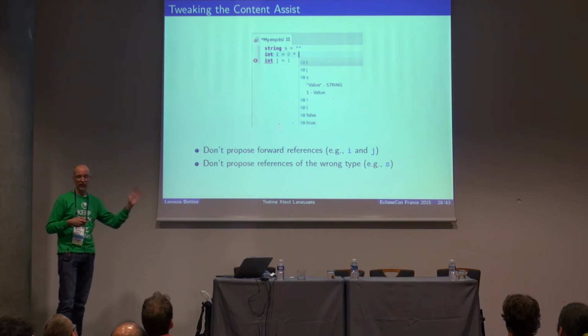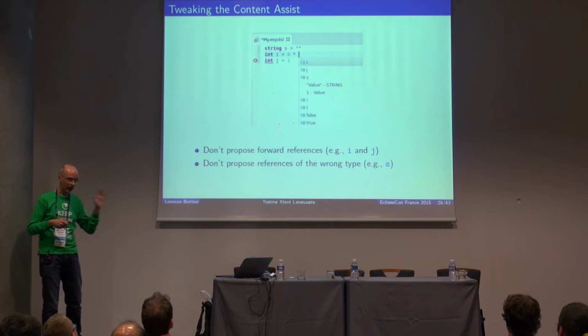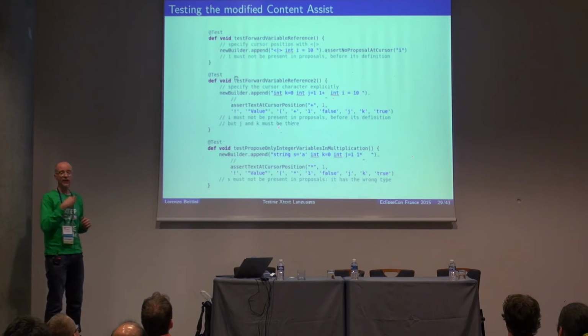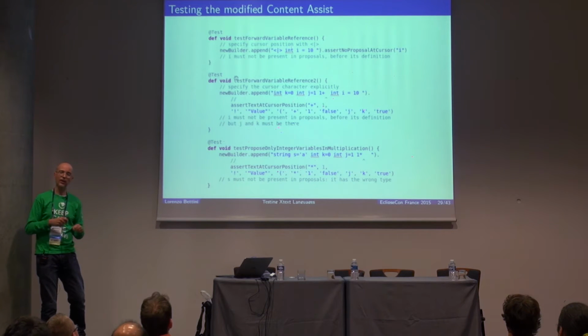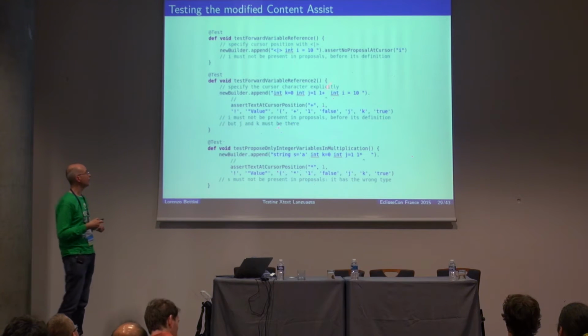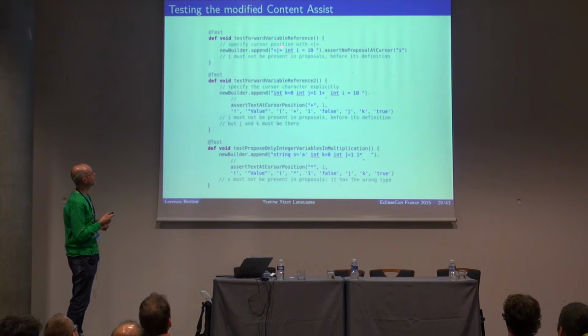So we can tweak the content assist. I'm not showing how to do that, but then I can test that the new content assist behaves correctly. You see, I can put a cursor in the program with this convention. So I'm saying that in this part of the program, I expect that I is not proposed.